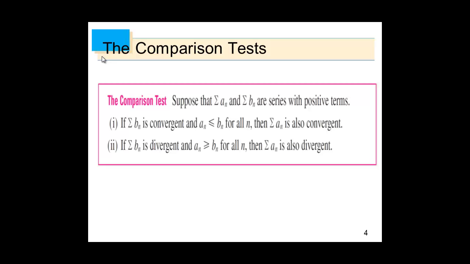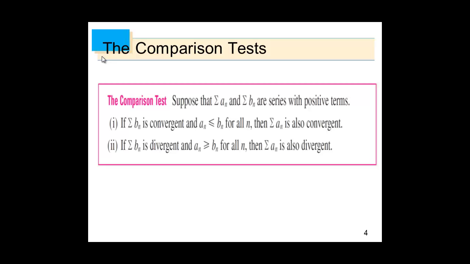So if we know that every term in the first series is bigger than the corresponding term in the divergent series, then we know that the first series must be divergent as well. Is this making sense? Are these two statements making sense?